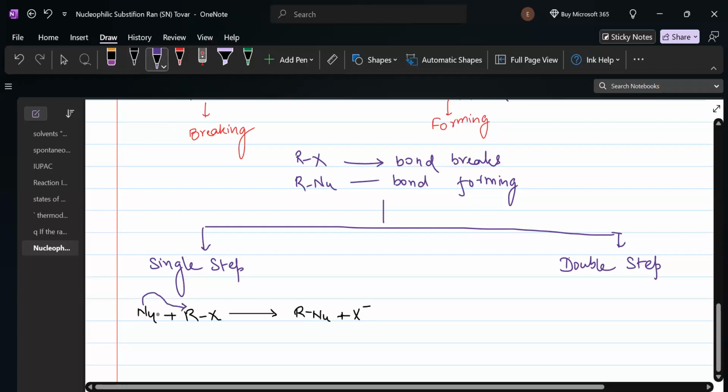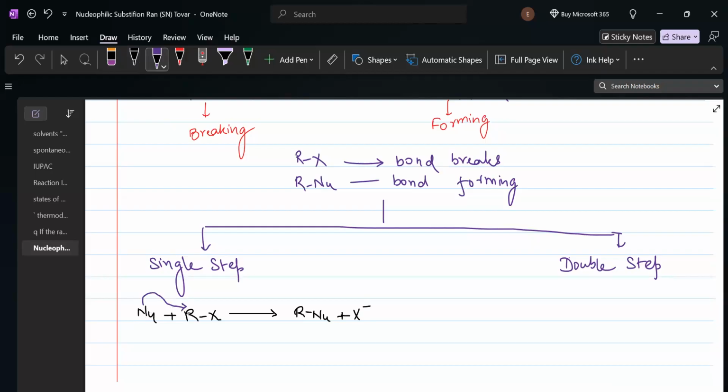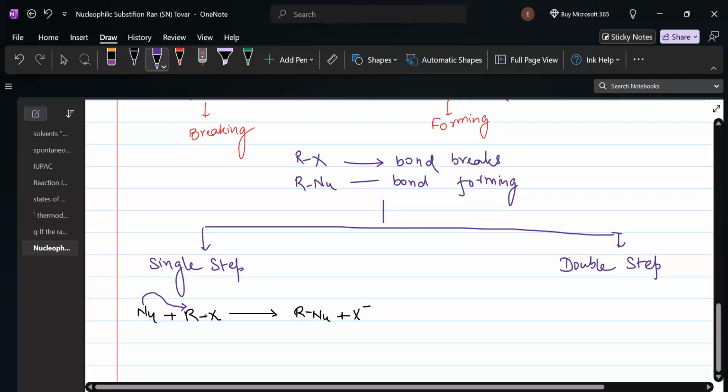Can you tell, Sufyan? Because it has some partial positive charge, not exactly full positive charge, partial positive charge, right? So since the nucleophile has attacked, this pair of electrons has been taken by this leaving group.